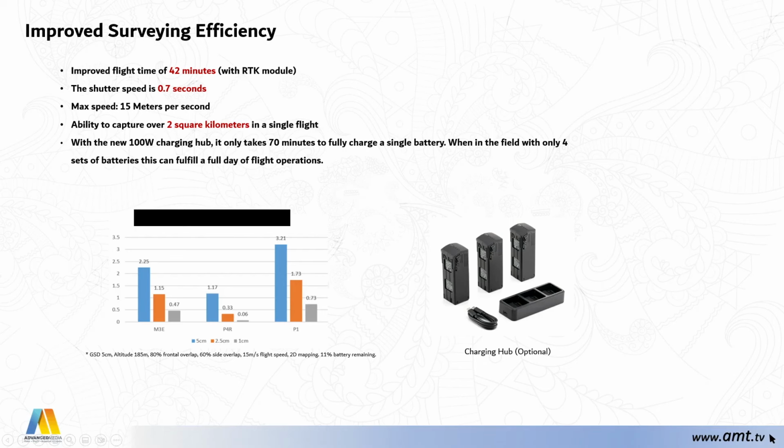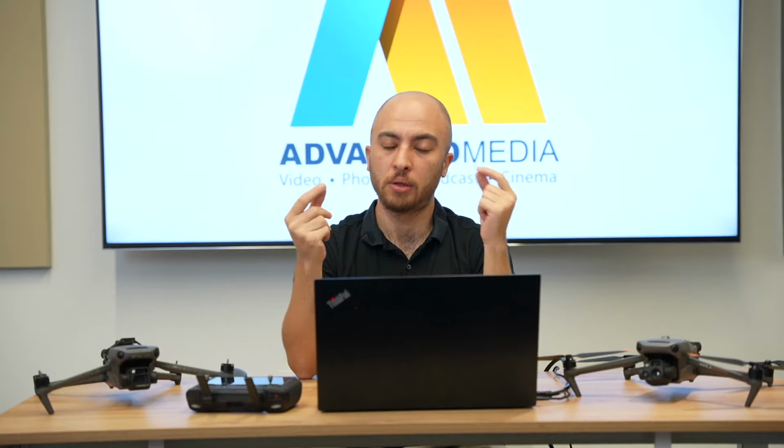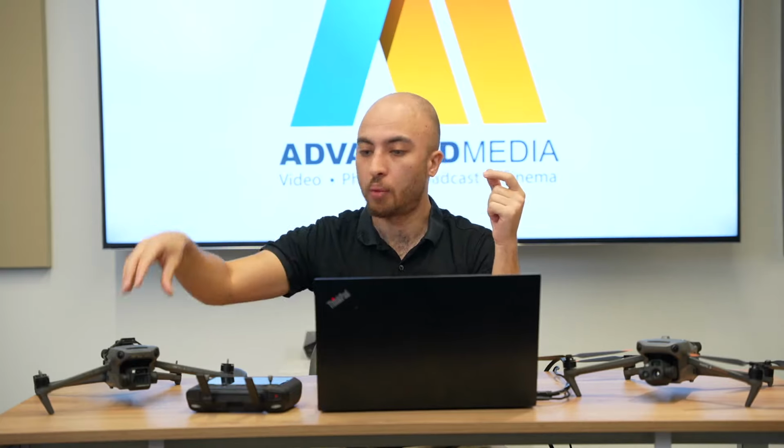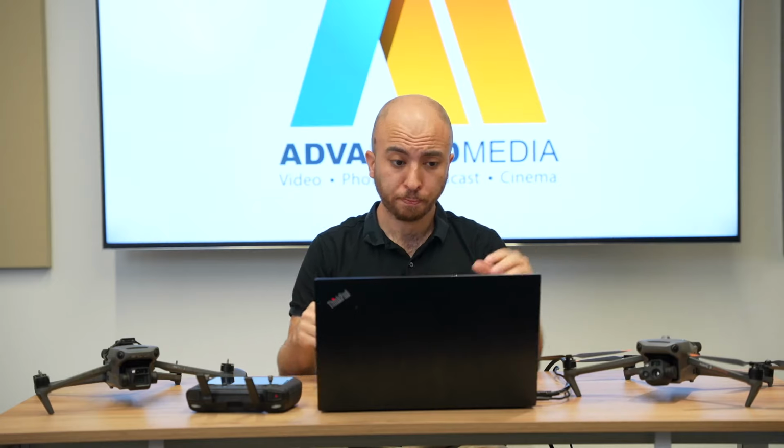Since we have the high quality wide angle camera in the E version, the surveying capability of the drone has become more efficient compared to the old version. It has a very big sensor, a 0.7 second interval photo, meaning we can take a photo every 0.7 seconds, and we can add the RTK module.